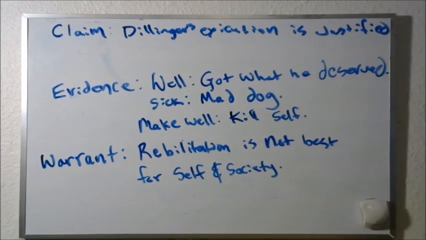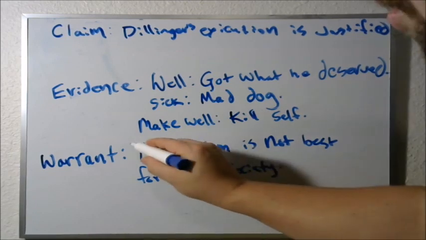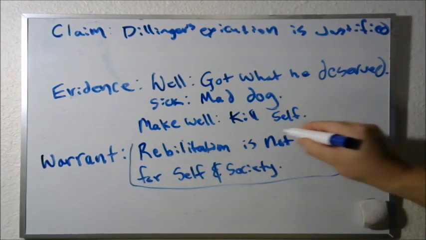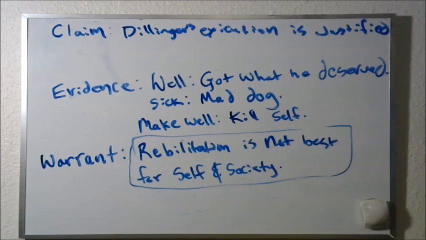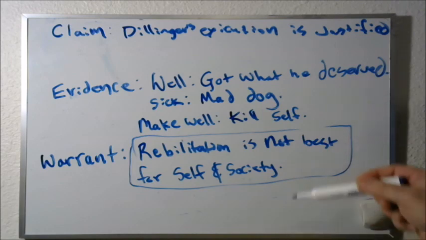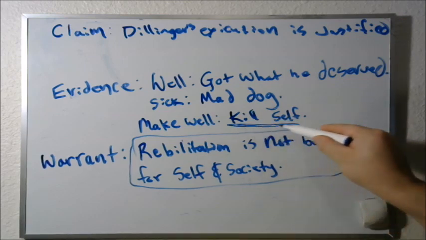Okay, so I think he makes a pretty good argument, but I still think this warrant maybe has some leeway. Maybe society could be benefited by people who do go through that rehabilitation process and could be made well. Is he being too harsh here?